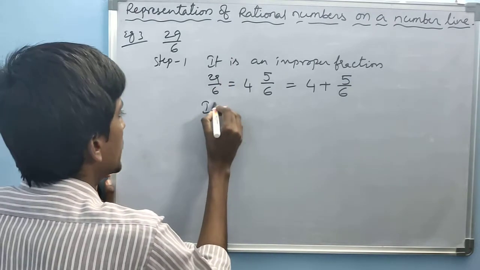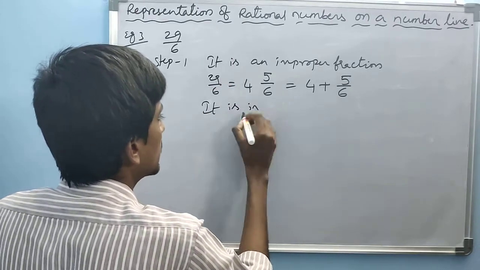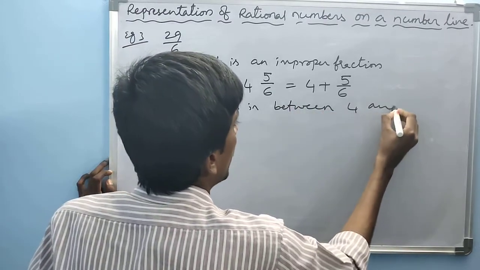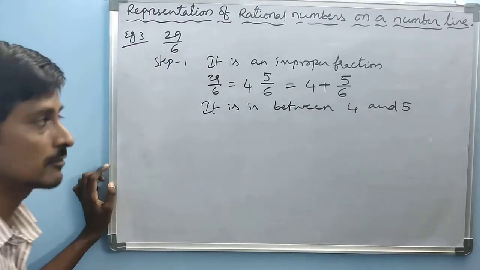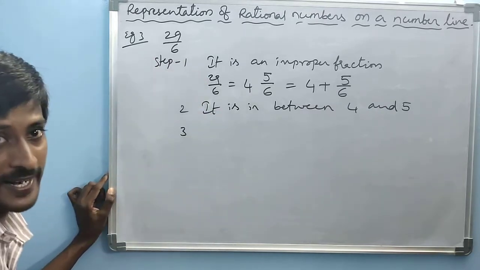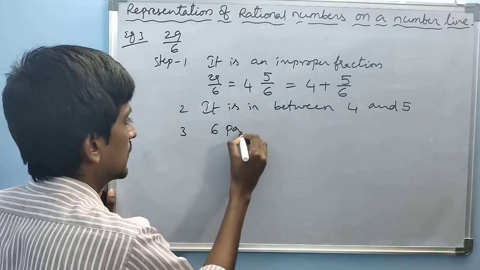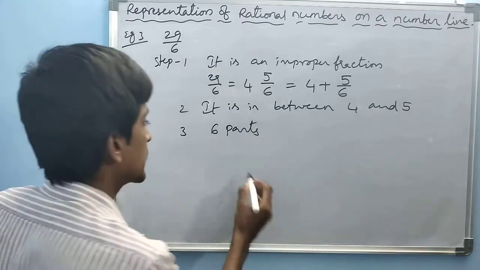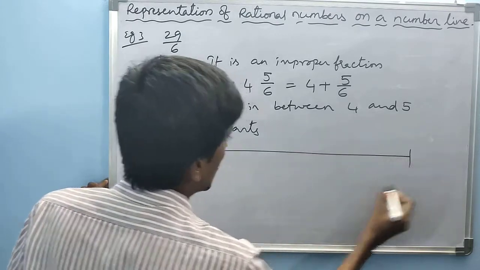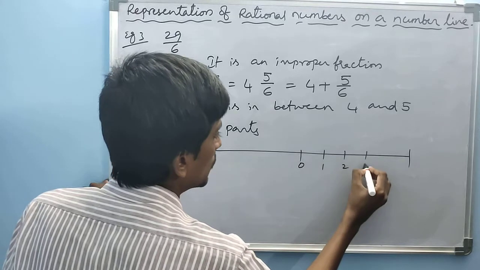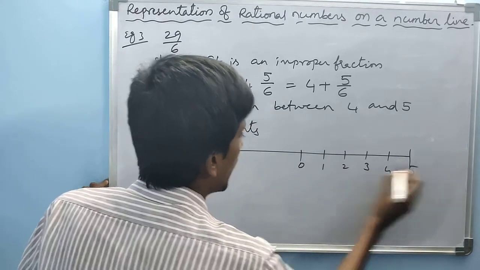So it is in between 4 and 5. Step 2 also over. Step 3. How many parts divided? 6 parts. This number line can be divided into 6 parts. First of all, take the number line 0, 1, 2, 3, 4, 5.